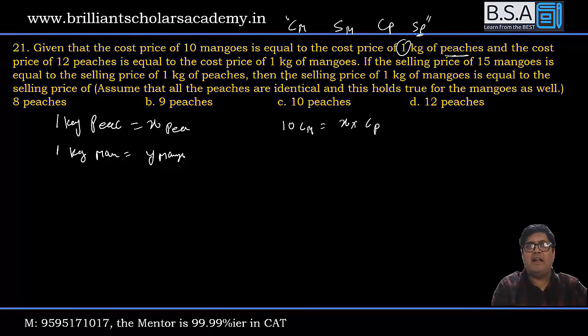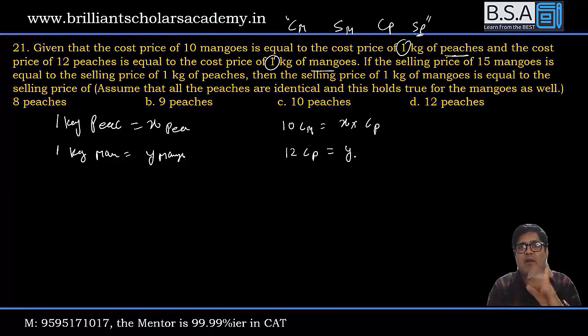And cost price of 12 peaches. 12 cost price of peaches is equal to 1 kilogram mangoes. Mangoes, I'm assuming there are Y mangoes in a kilogram. Cost price of a mango. So do you see somehow this variable is available on the opposite side?